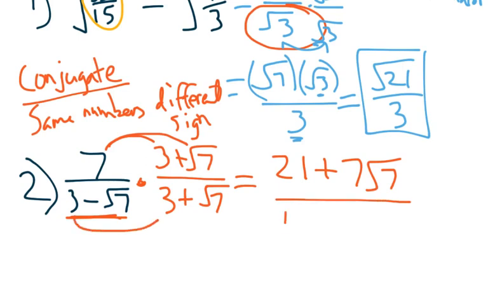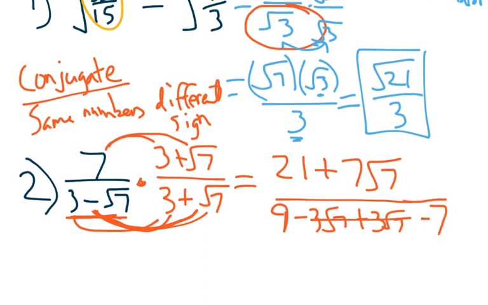So I'm going to get 9. And the reason why we have to use conjugates is they cancel out the middle term. So actually it's a shortcut. These cancel out because you'll get negative 3 root 7 plus 3 root 7. They cancel each other out. And then when you multiply the last terms, you're going to get negative 7, because the square root of 7 times the square root of 7 is just 7.